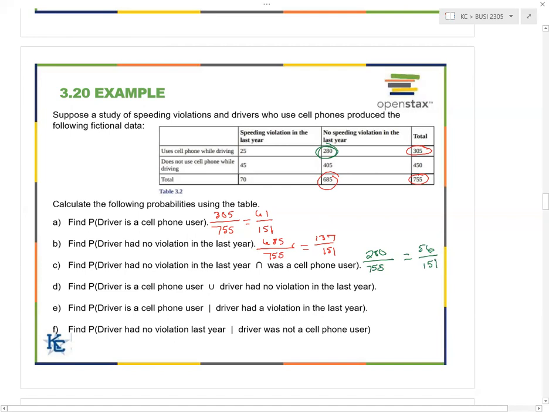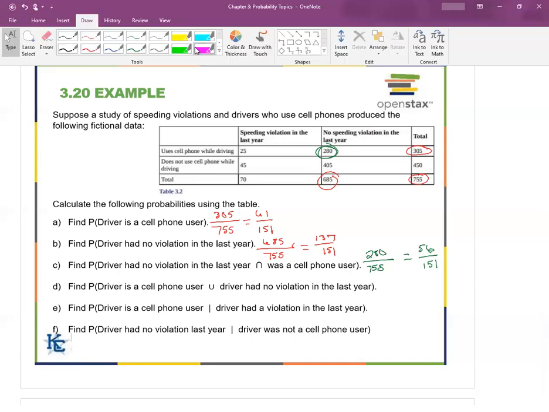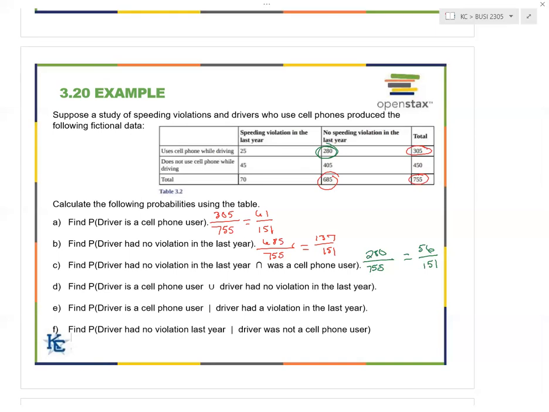Find the probability the driver is a cell phone user or the driver had no violations in the last year. So if we think about this, this one's a little tricky. If they're a cell phone user, then we're looking here at this total.